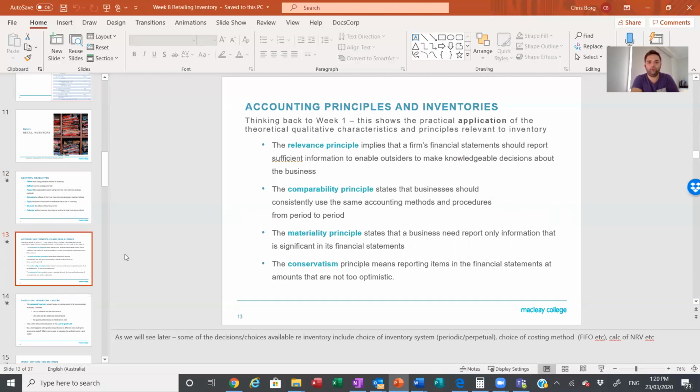So with the accounting principles and inventories, we look at the principles that we learned in week 1 relating to relevance, comparability, materiality, and conservatism, in relation to applying these characteristics to inventories. More so, also making sure you're applying those principles regarding the correct inventory method you should be using and that you're using the most appropriate one. So remember those principles as we're applying them.